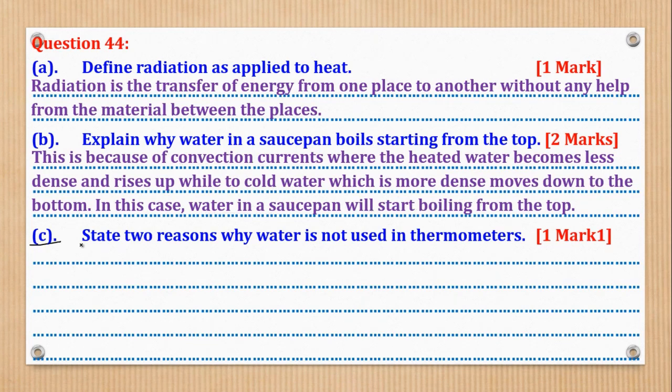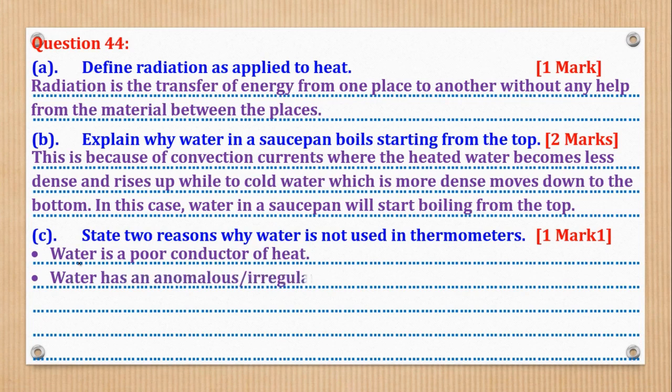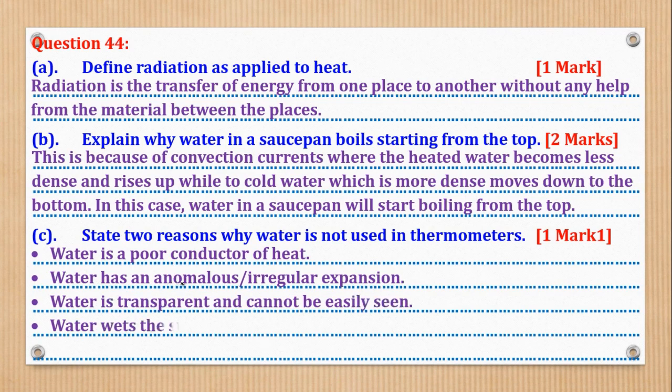Then part C, state 2 reasons why water is not used in thermometers. One could be that water is a poor conductor of heat. Another one could be water has an anomalous expansion. Another one could be water is transparent and can't be easily seen.